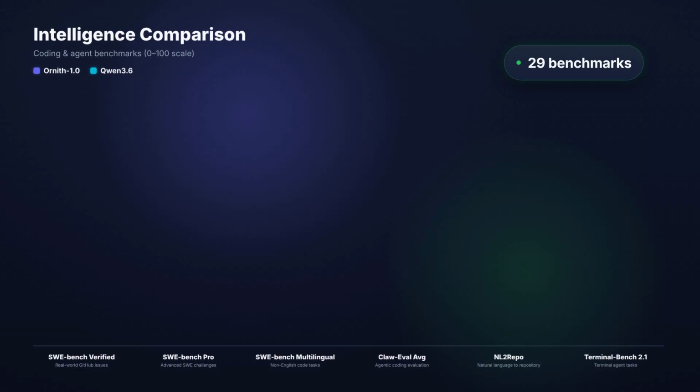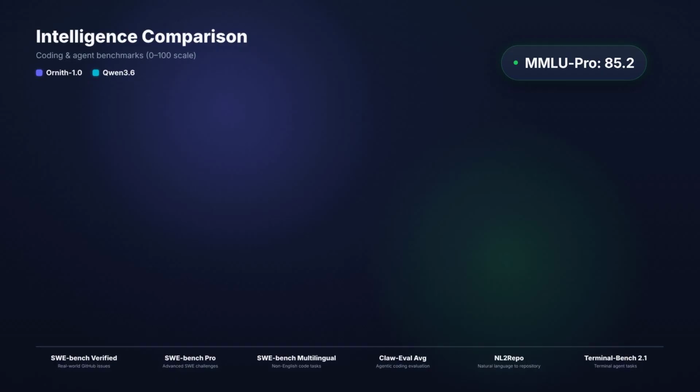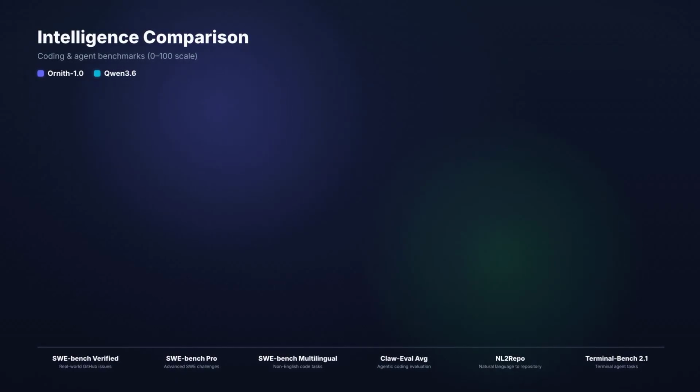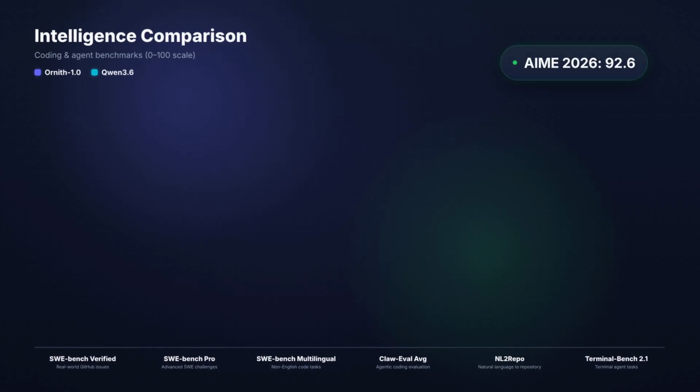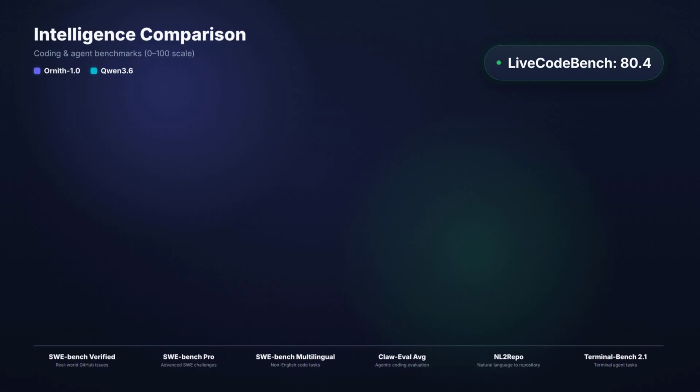Qwen 3.6 brings an enormous evaluation portfolio with scores across 29 benchmarks. It hits 85 on MMLU Pro, 93 on MMLU Redux, 86 on GPQA Diamond for graduate level science reasoning, and an outstanding 92.6 on AIME 2026 for competitive math.